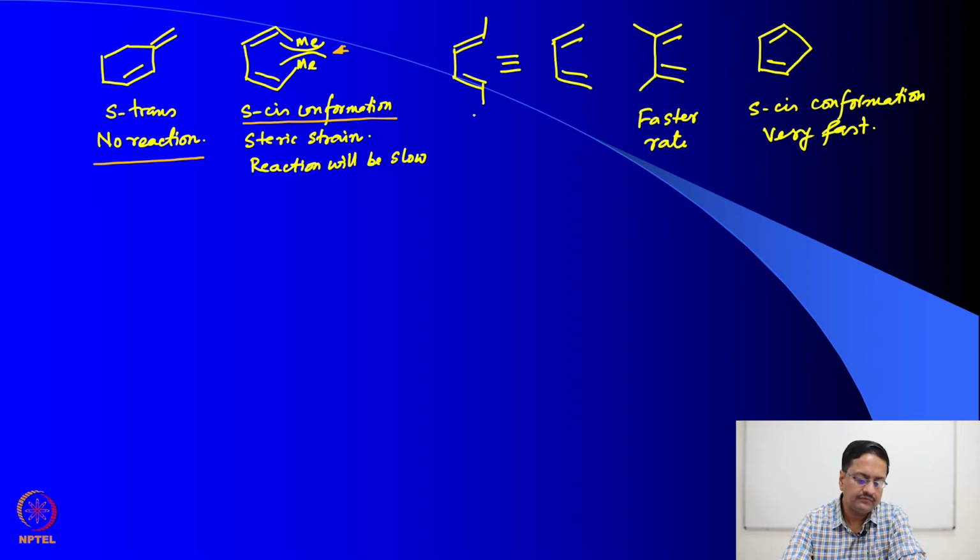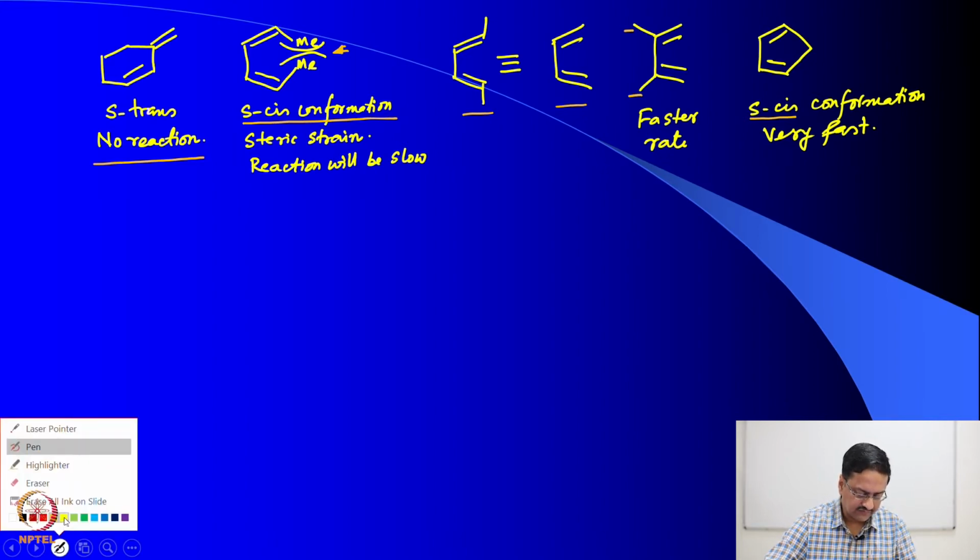Then we have two standard dienes which will have moderate reaction rate, and when we add more electron donating groups on the diene in suitable positions, the reaction becomes faster, and for the compounds which always have the S cis conformation, the reaction will go at a very fast pace.